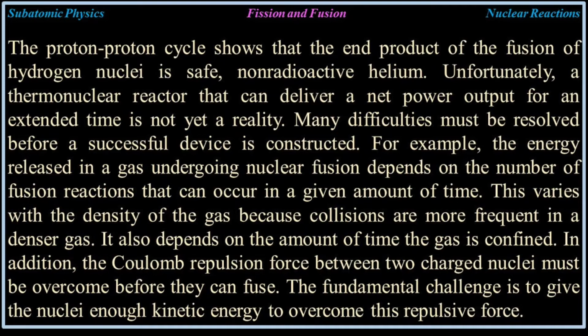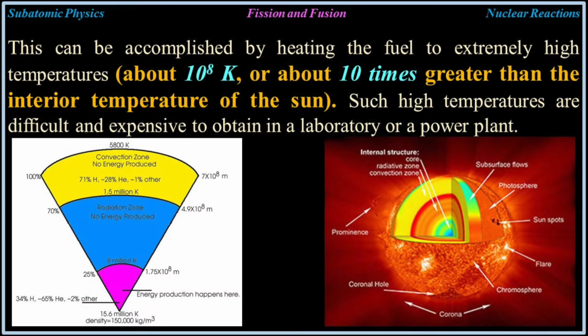In addition, the Coulomb repulsion force between two charged nuclei must be overcome before they can fuse. The fundamental challenge is to give the nuclei enough kinetic energy to overcome this repulsive force. This can be accomplished by heating the fuel to extremely high temperatures, about 10^8 K, or about 10 times greater than the interior temperatures of the sun.